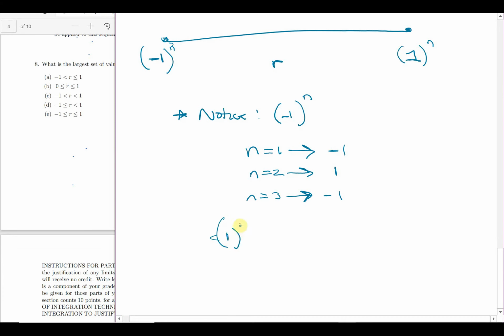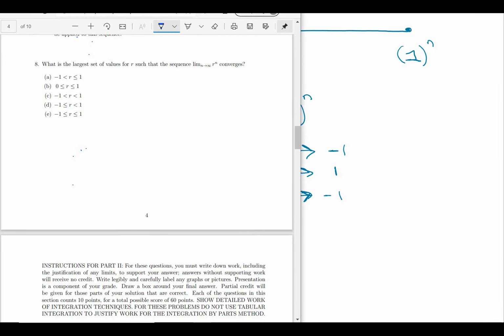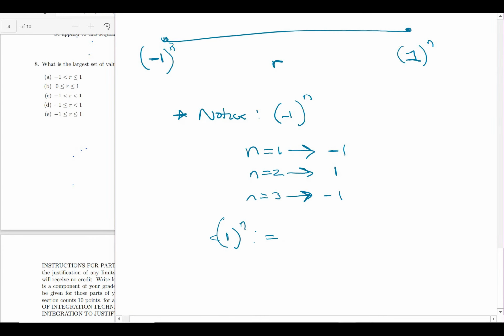So we take 1 to the n. Because n tends to infinity, so 1, 2, 3, and so forth, this equals 1 for all n. So that's key. And the same thing, if you take any negative number, so let's say 0, and within this range, we notice that this function is going to oscillate.